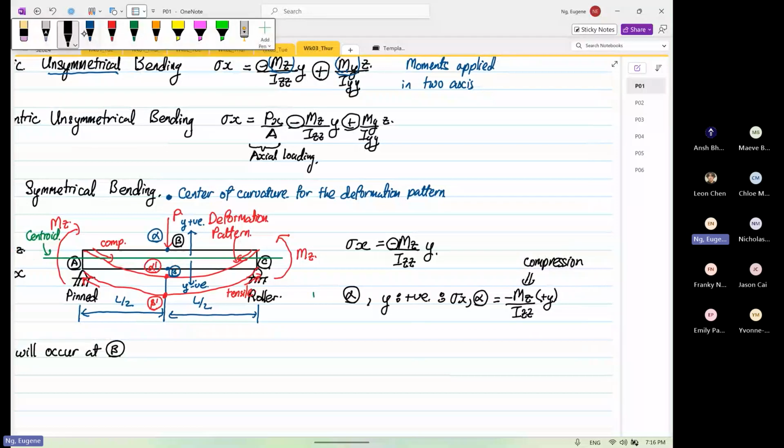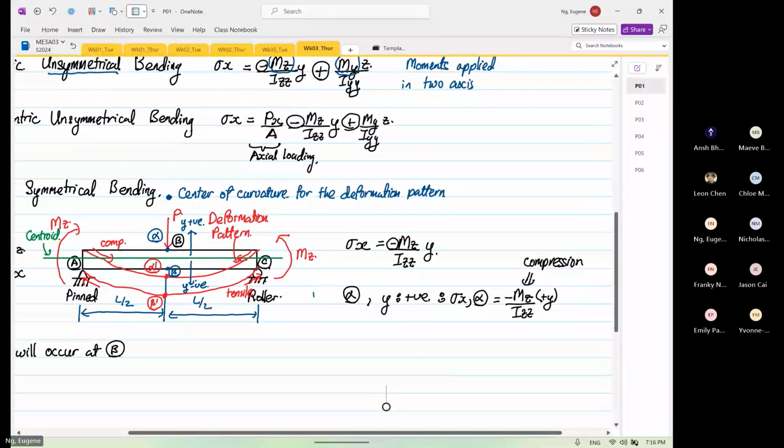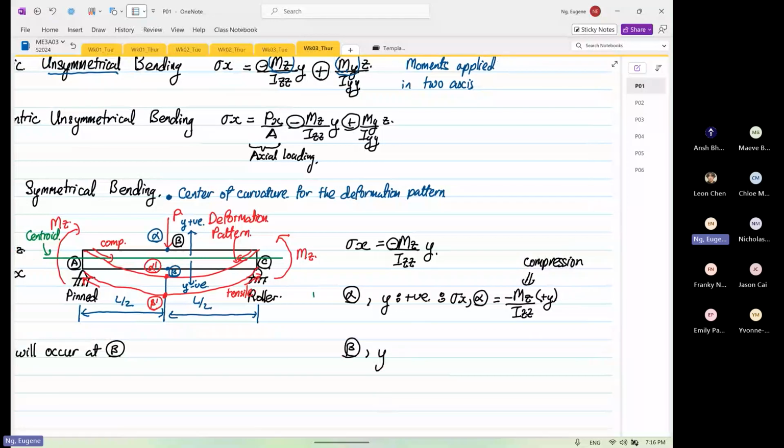Now if we look at point beta, at point beta, y is negative relative to the centroid and is pointing away from the center of curvature. Why negative? Because it is pointing away from the center of curvature.